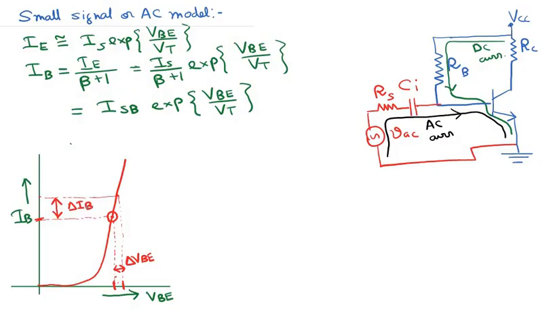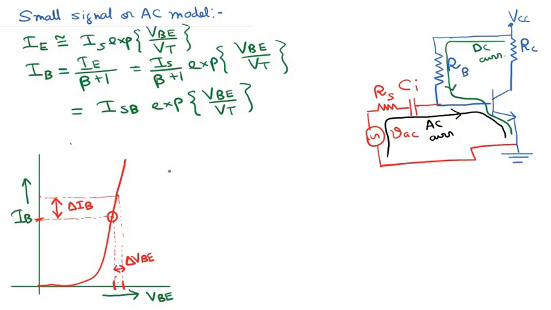So what is important as far as the AC model is concerned is how the AC base current is increasing with the AC base voltage. Okay, or how the increase in base current due to the AC voltage is related to the increase in the base to emitter voltage. Okay, so this relation between the small increase in the base to emitter voltage due to the AC voltage source and the small increase in the base current, again due to the AC voltage source, is important.